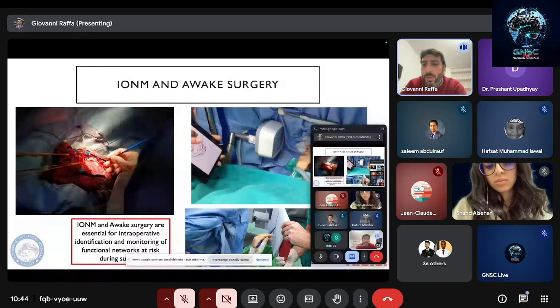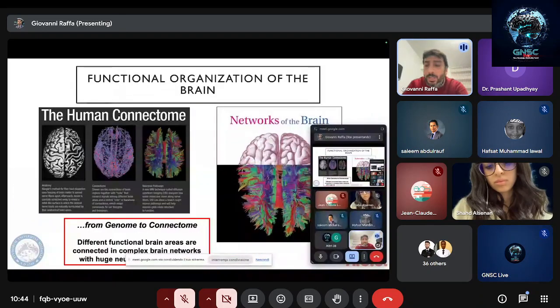Of course, we use awake surgery, intraoperative mapping and monitoring for preserving functional networks during brain tumor surgery. But we know that the organization of functional networks is really complex, and it is not always easy to perform our mapping during surgery. We need some time to localize all the different networks that we want to preserve.